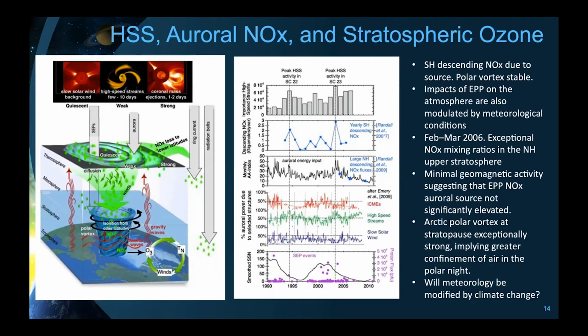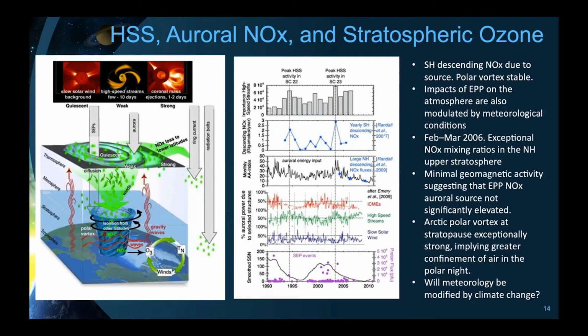And the reason it's so important is if you look over at this figure on the far left, you need to get the NOx descending over the polar vortex. If you have a very large storm, the NOx goes equatorward of the polar vortex and it gets lost. It's not descending into the polar vortex.